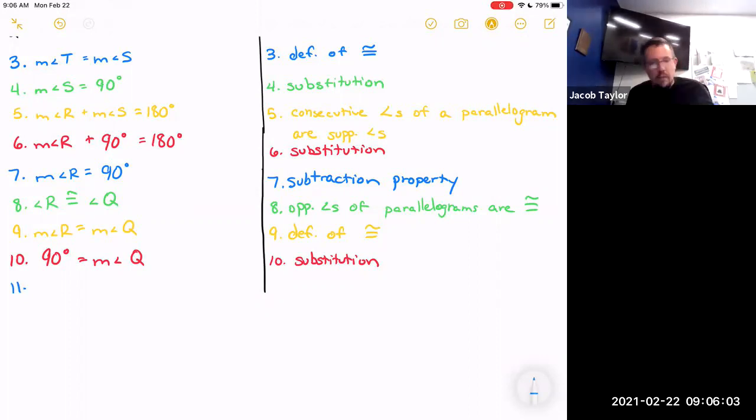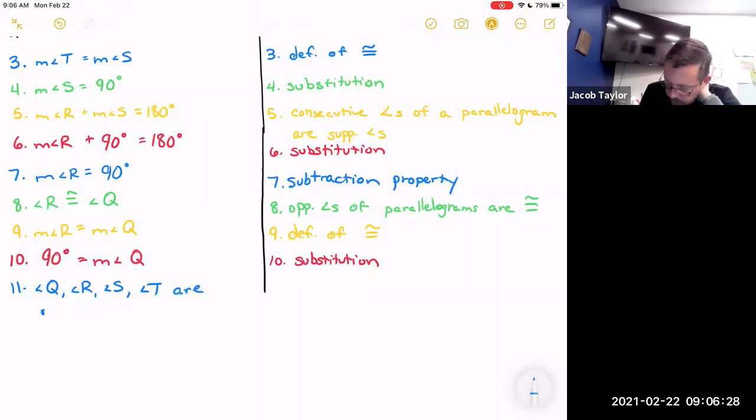We proved that all 4 of these are right angles. How do we know they're right angles? Again, this is a little silly proof thing. Because they're 90 degrees, and that's how big right angles are. So we're going to say angle Q, angle R, angle S, and angle T are right angles. How do we know that?